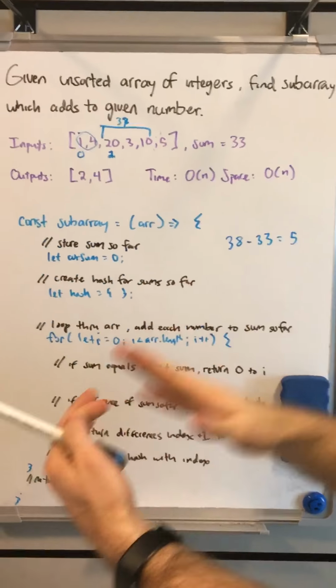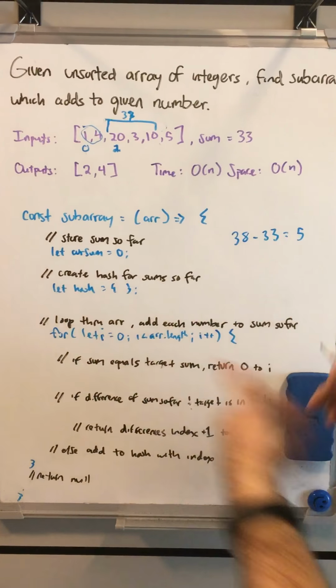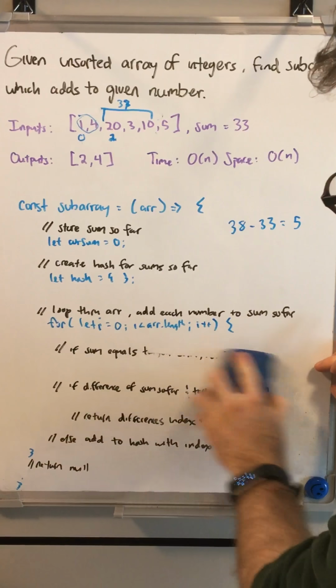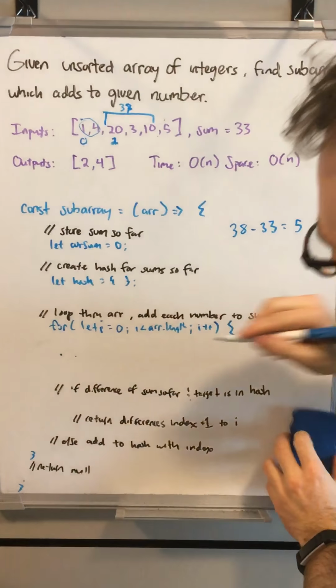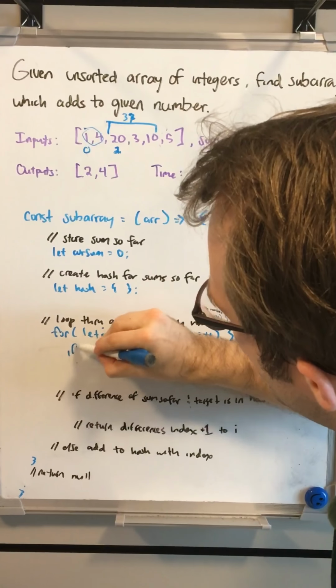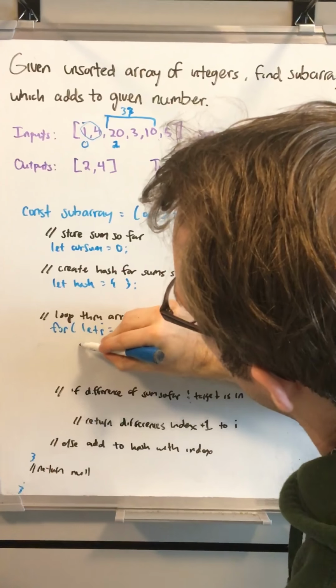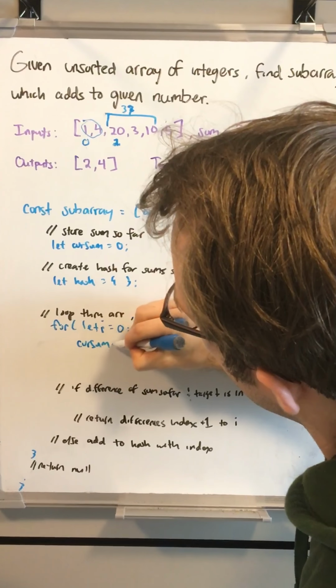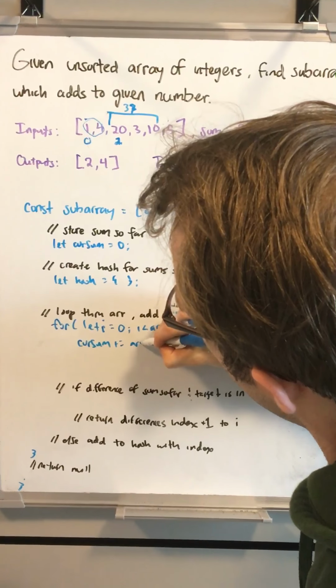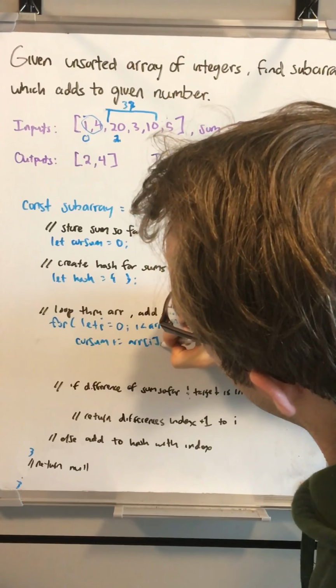We know that from 0 to here, we've just been adding, so it must be equal to 0 to where i is. So first let's add. We'll say current sum plus equals array at i, which is the current number we're on.